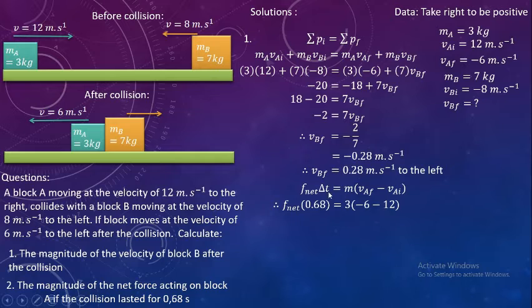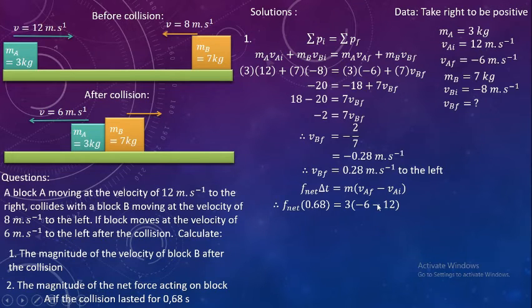The time that these objects were in contact is 0.68. The mass for object A, because they said the magnitude of the net force acting on block A, so we are going to use the mass for A. The final velocity for A, which is 6 meters per second, and the initial velocity for A, which is 12 meters per second.